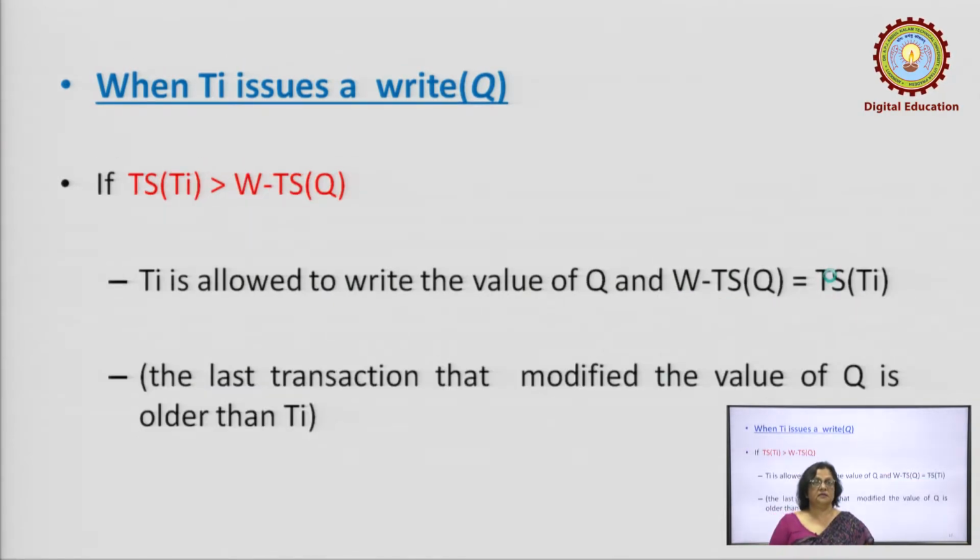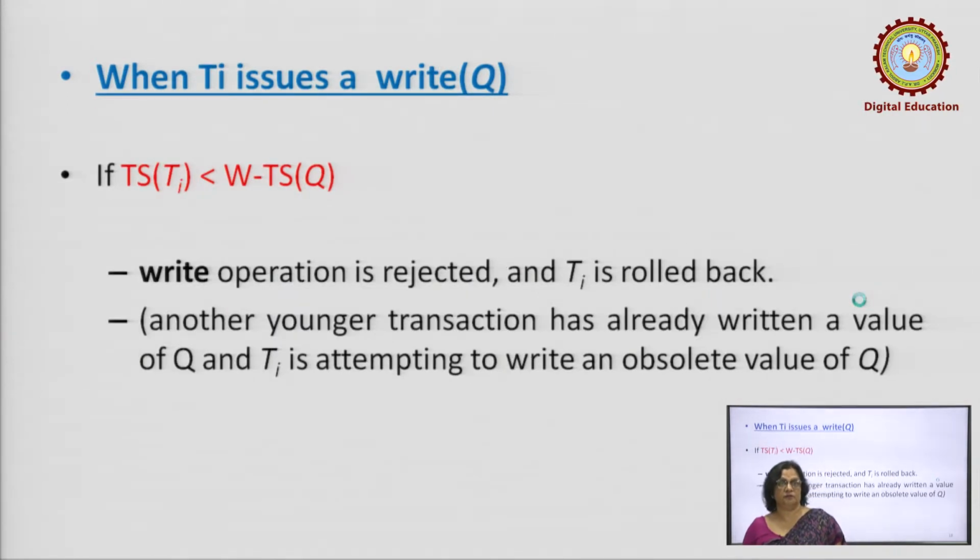The next case is when TS of Ti is greater than the write timestamp of Q. That is, a newer transaction is trying to write the value of Q and hence this transaction is permitted and the write timestamp of Q is set to the timestamp of the transaction.